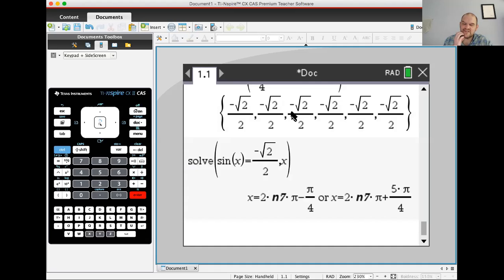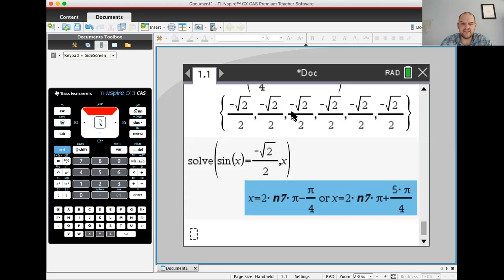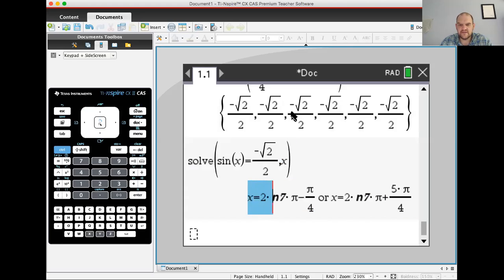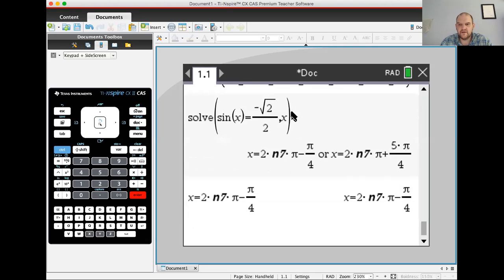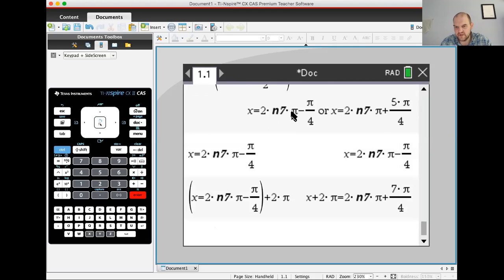So we get this. So for example, the second one I think is basically this, right? But I have to first add 2 pi to convert to get the 7 pi over 4.